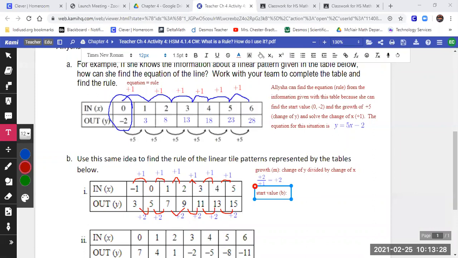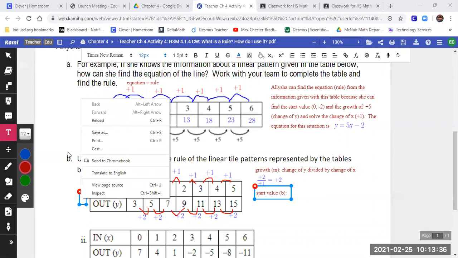The x of 0. So for this, where are we beginning? Oh, 0, 5. Thank you.